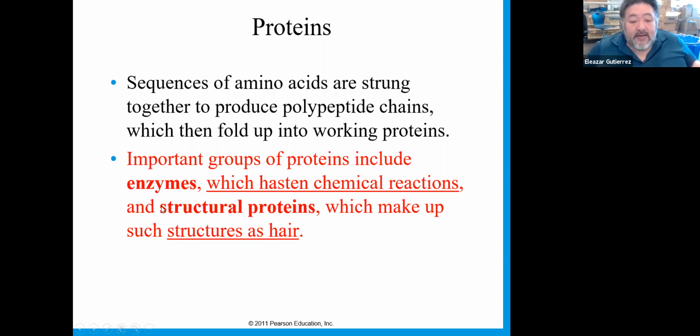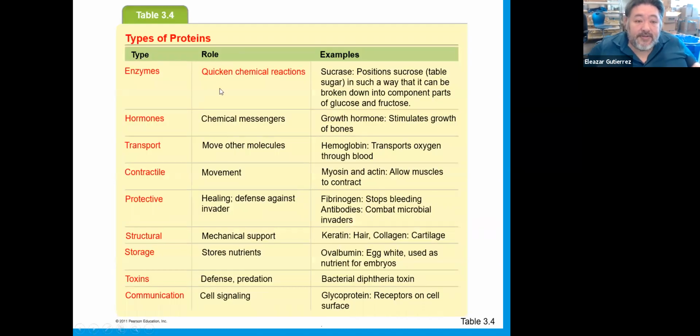Okay. Structural proteins, which make up structures such as hair, fingernails, your keratinized skin, bones, ligaments, tendons, the keratin of your eye. All these are structural proteins, proteins that hold your body together. Okay. So look at this.